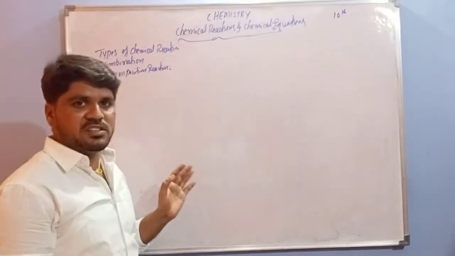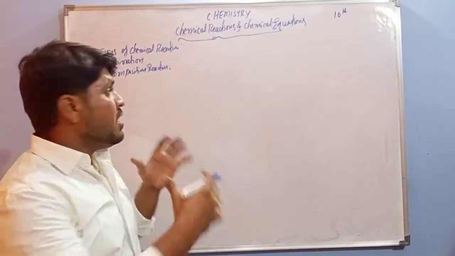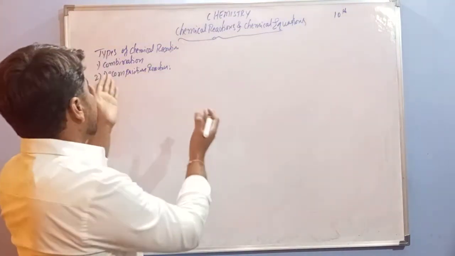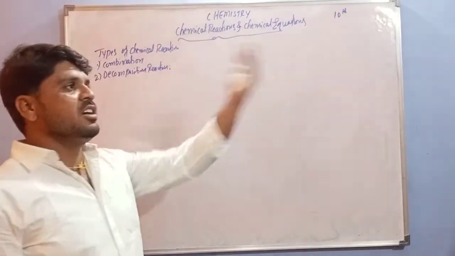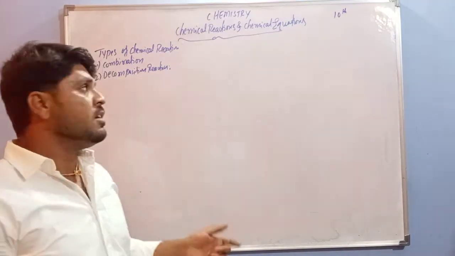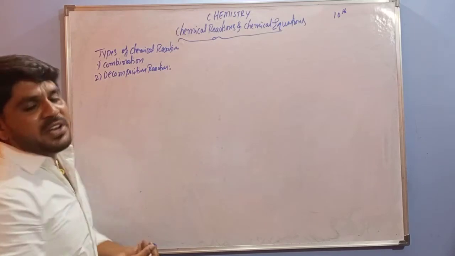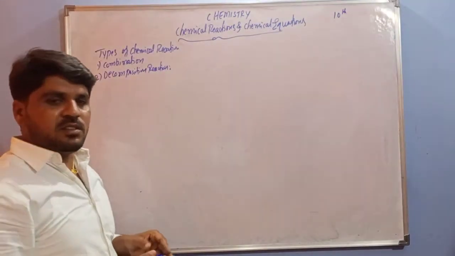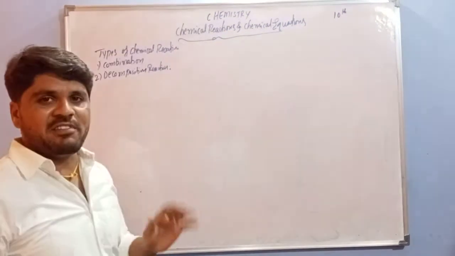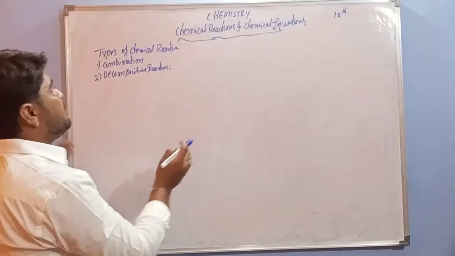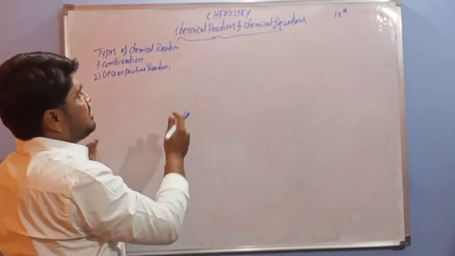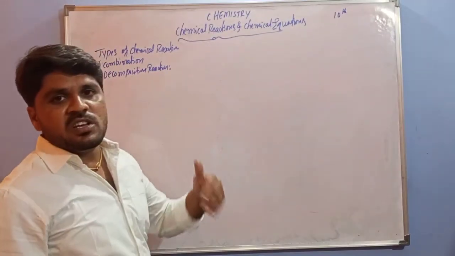Can you tell what is meant by combination reactions? In combination reactions, two or more different reactants combine together to give a single product. The decomposition reaction is quite the opposite. In a decomposition reaction, we have one single reactant. If you heat it or apply some other reaction conditions, it will break down into simpler ones.